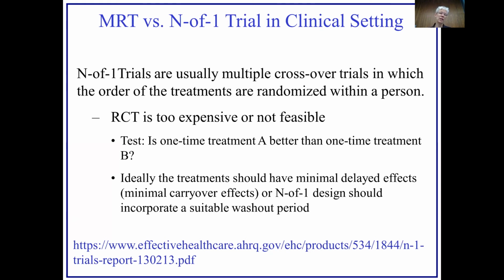In the clinical setting, these were often used because you were looking at a rare illness, and you could not conduct a randomized controlled trial. And the inferential target was, is one-time treatment A better or worse than one-time treatment B? And you wanted to be in a setting where your treatments had minimal delayed effects, minimal carryover effects, or you had to include a washout period.